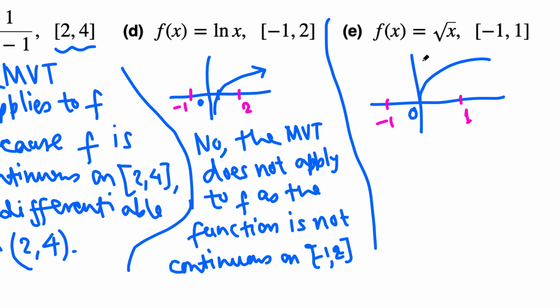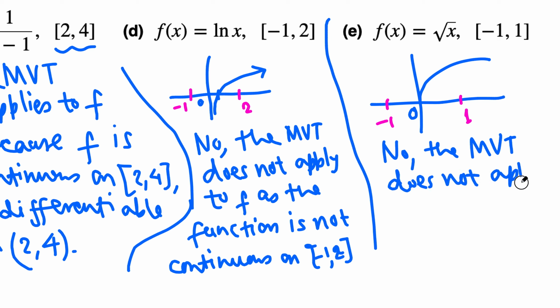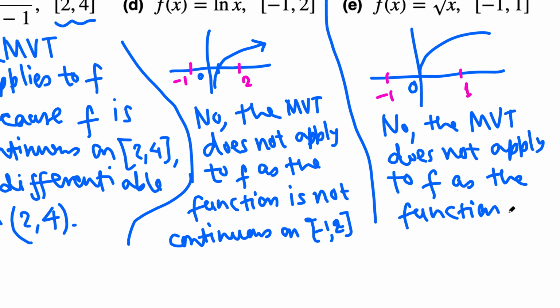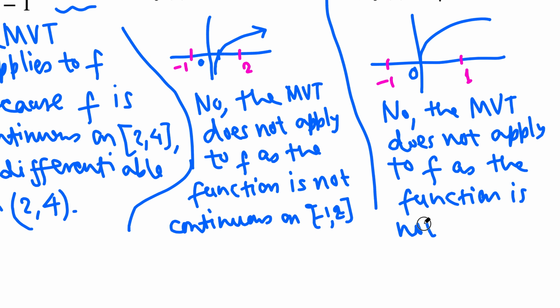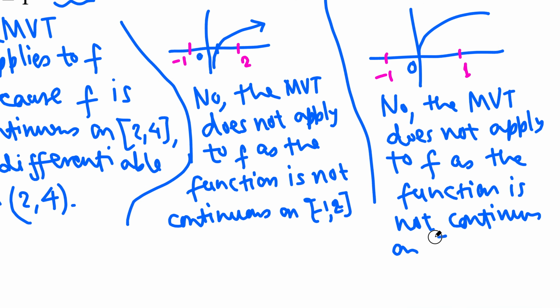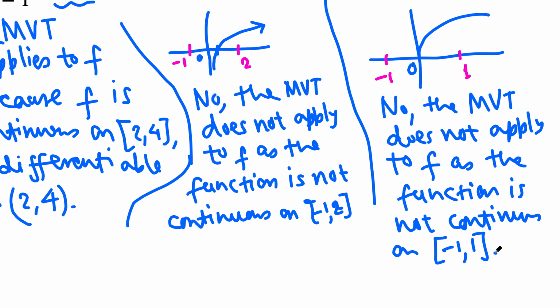So it's the same as D. Okay, no, the mean value theorem does not apply to this function f, as the function is not even defined, not continuous on [−1, 1]. Final.